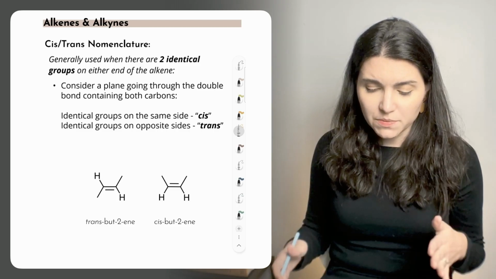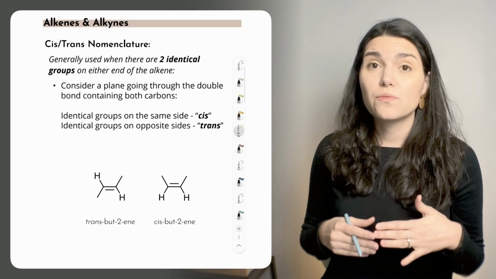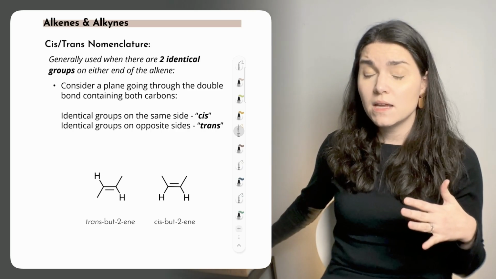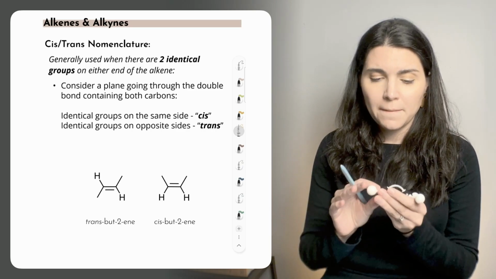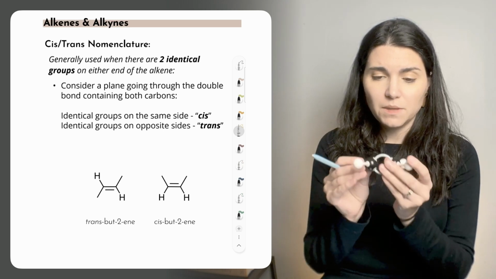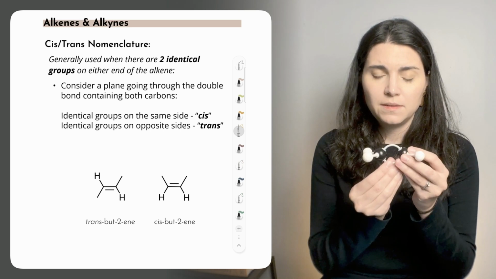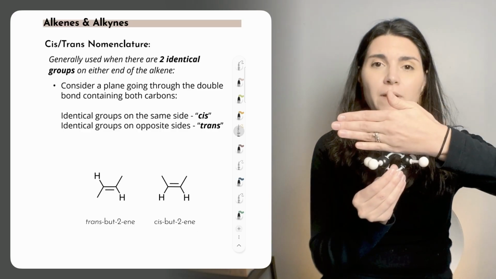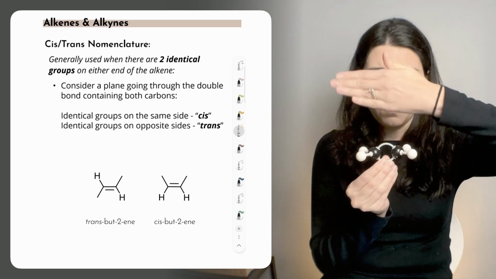And what we're going to do is consider a plane going through the double bond containing both of the carbon atoms. So if I was to hold my double bonded carbon like this, I would imagine the plane would be going right through here, cutting this way through the molecule.